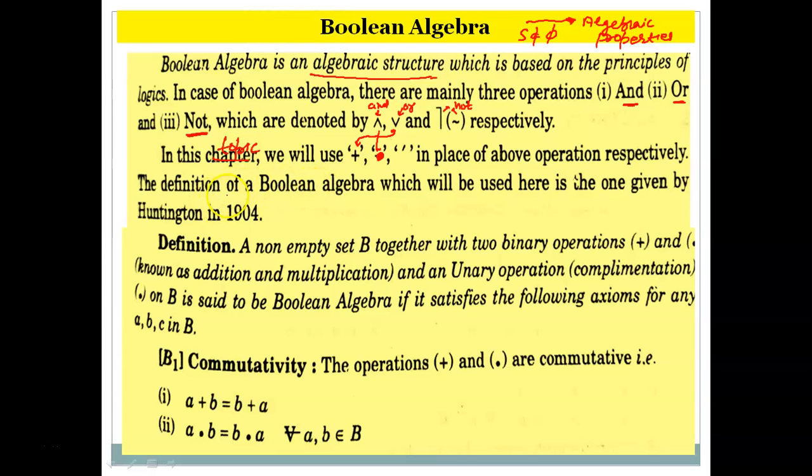The formal definition of Boolean algebra, which will be used here, is the one given by Huntington in 1904.